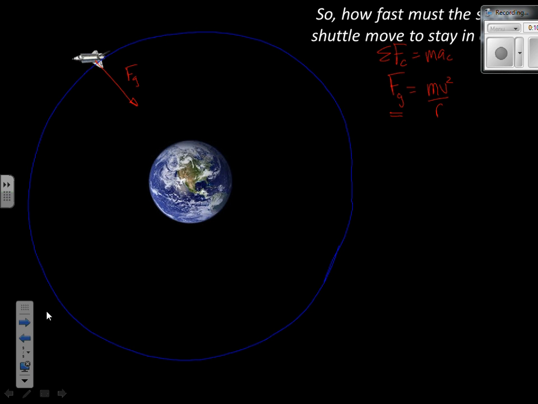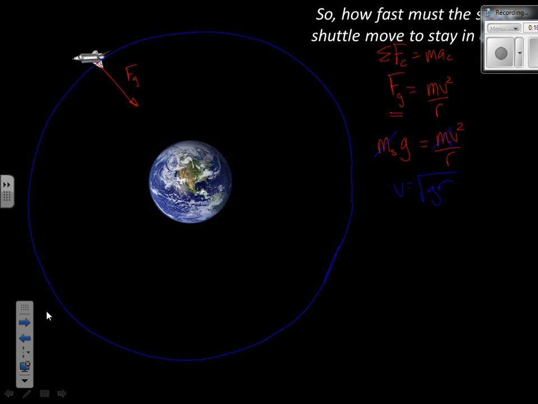Well, how do we write Fg? Sure, we say it's the mass of the space shuttle times g is m v squared over r. And we can get rid of the shuttle mass. That gives us v squared is g r.